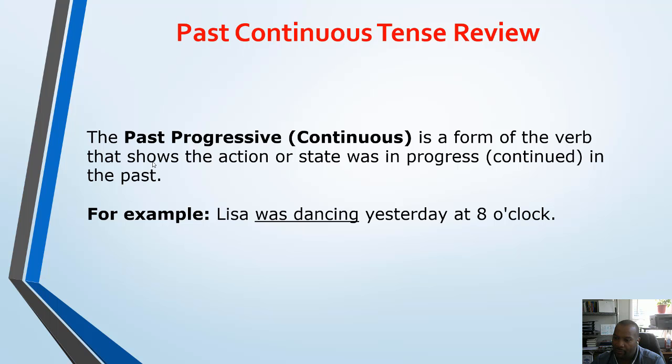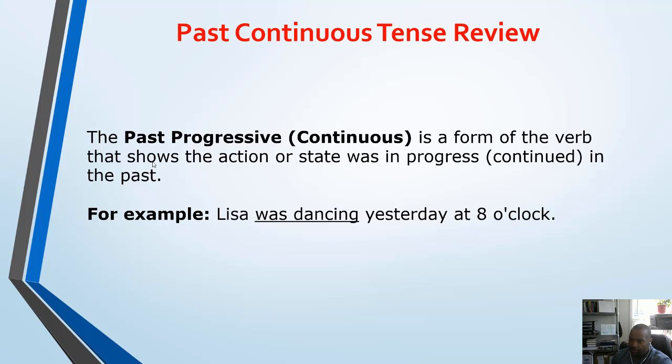Okay? So here again, because we're using the continuous, the form is the base form of the verb plus ing. In this case, we're talking about past. So now we can say was plus the base form of the verb plus ing.